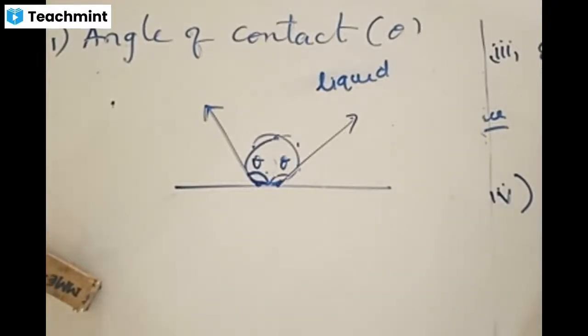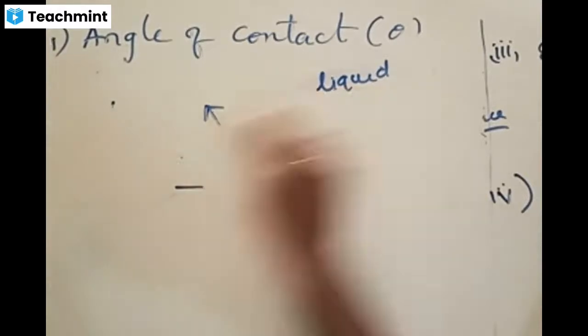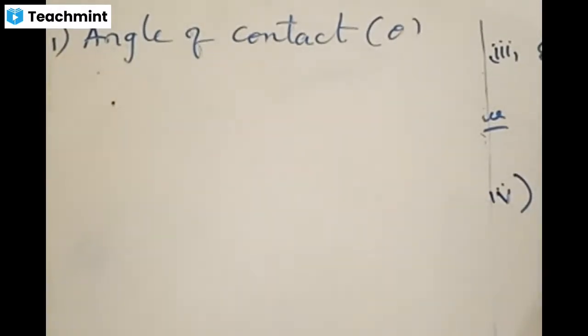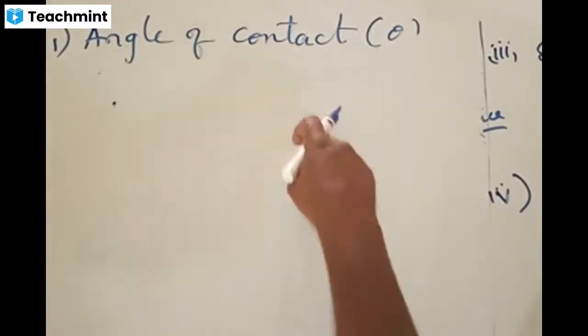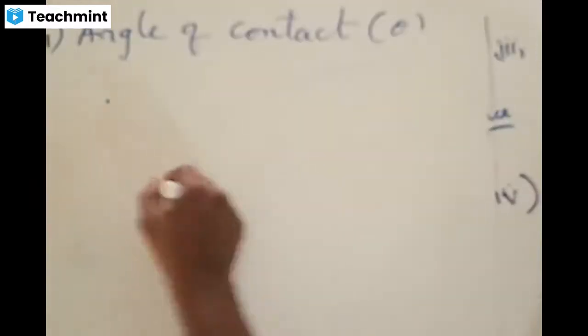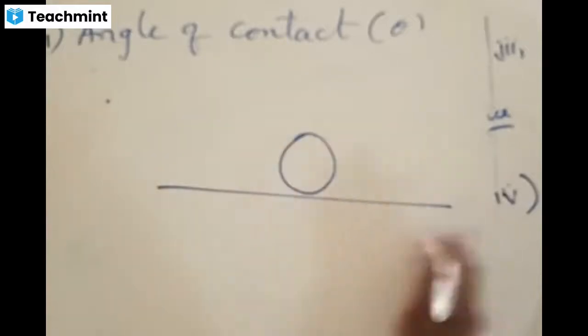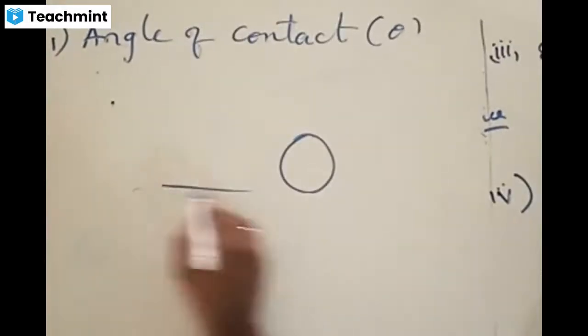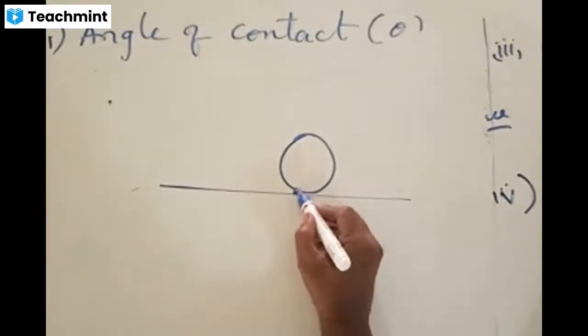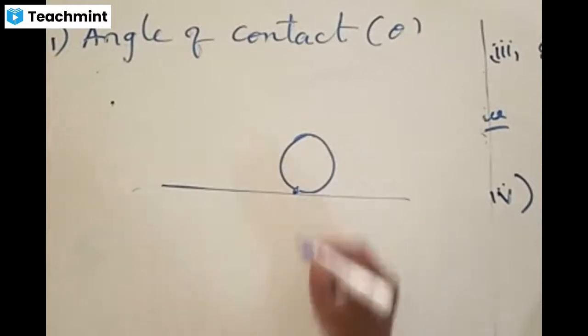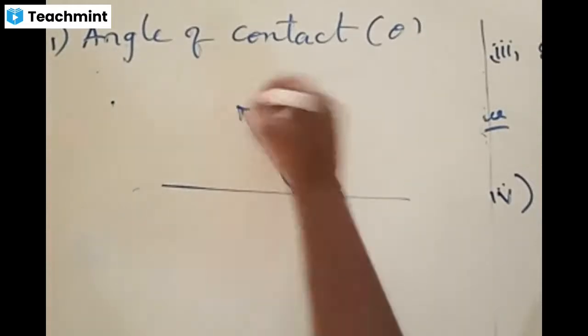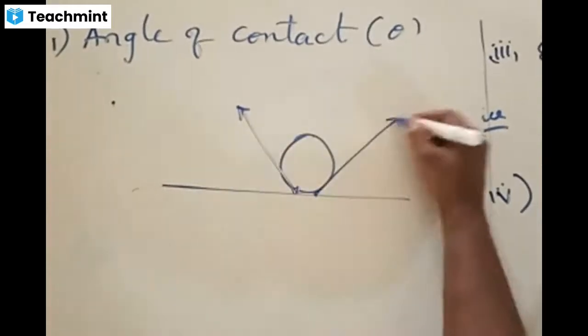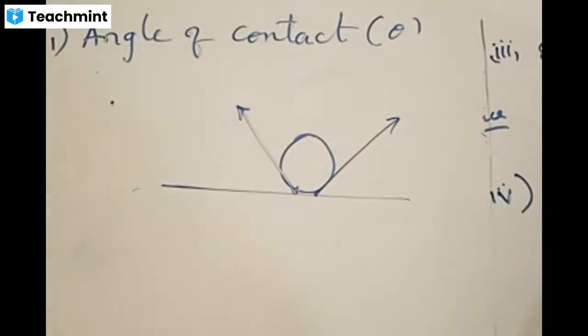What is angle of contact? It is the angle shown in terms of solid-liquid interfaces. When liquid interacts with the solid, I'm repeating, there is a point where liquid comes in contact with the solid. At that point you draw a tangent. There are two points where it interacts.